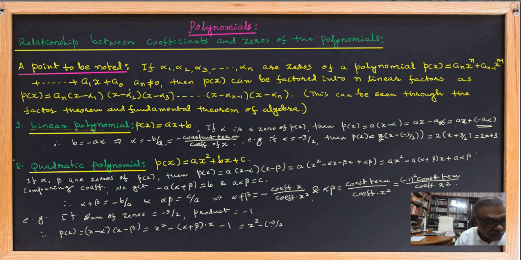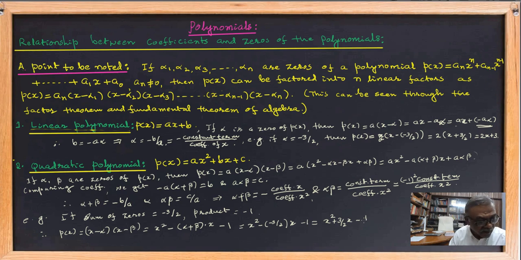Minus 3 by 2 into x minus 1, and this is going to be x square plus 3 by 2 x minus 1.